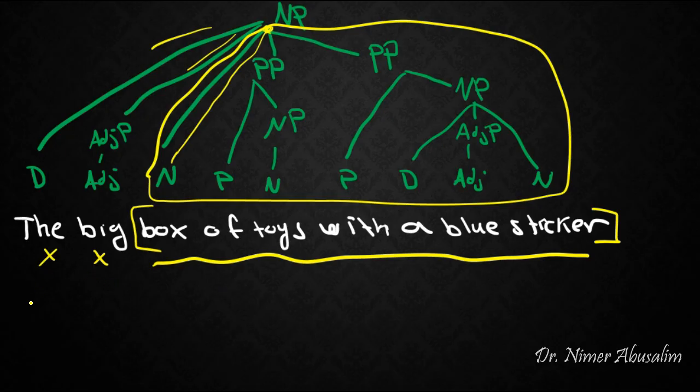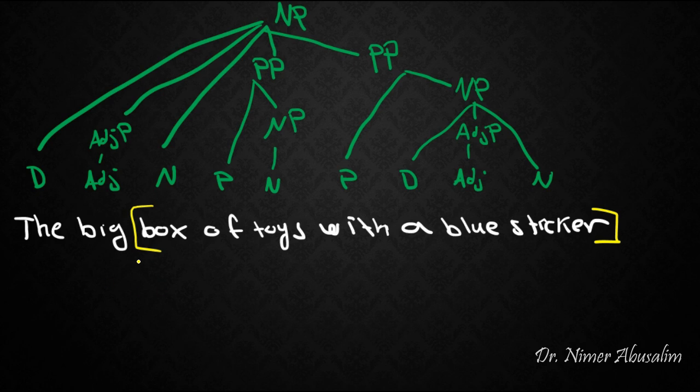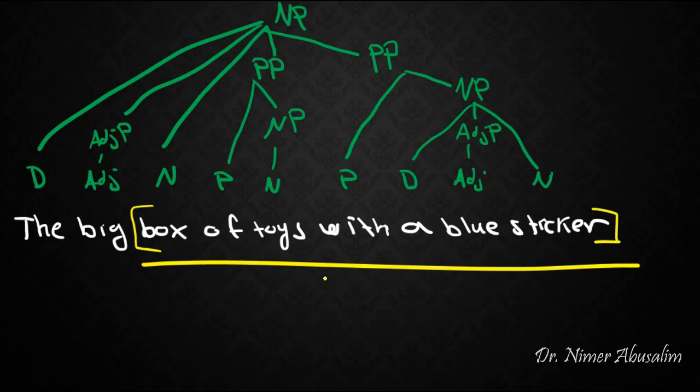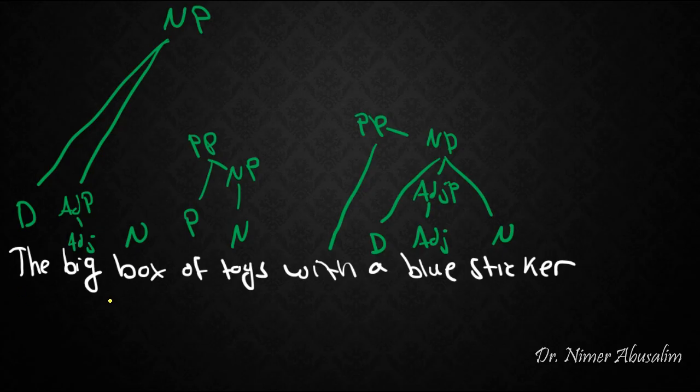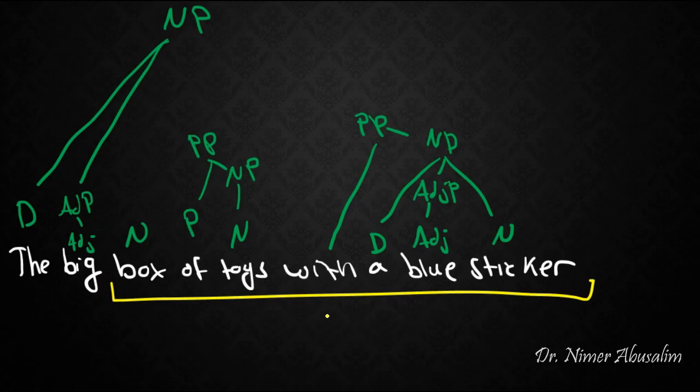So let's try to modify this tree a bit to show that box of toys with a blue sticker forms a constituent. And in this constituent, let's call it X, along with the adjective phrase big and the determiner, all these together form our noun phrase. So we know now that box of toys with a blue sticker forms a constituent, but how are we going to show this? Let's put in a new node here and call it X. Now it is X that is an immediate constituent of NP.